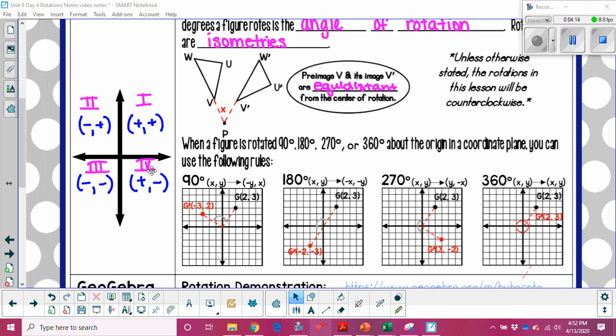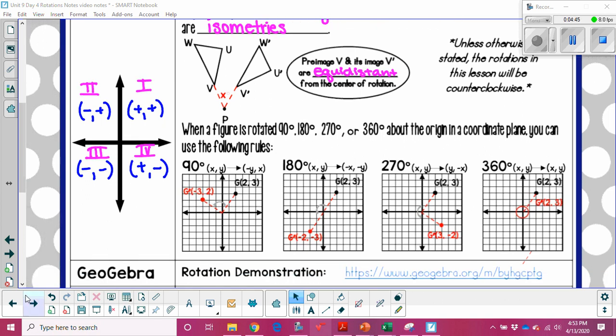Again, if I'm at point 3,4 in quadrant 1 and I want to rotate it 270 degrees, I'm going to go 1, 2, 3. I'll be over here in quadrant 4, and I now will be at +4, -3. So when you rotate 90 degrees or 270 degrees, your X and Y values are just going to switch. And we'll look at examples of that in a minute, just so you can see it written down too.